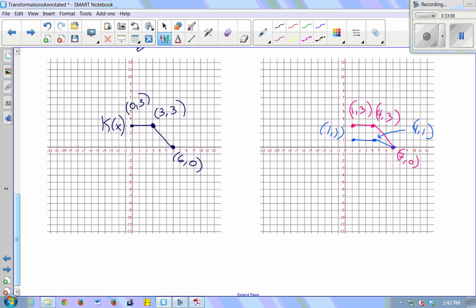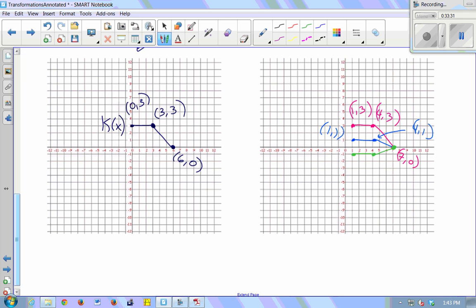Instead of (1, 1), I'm going to have (1, -1). Taking my y coordinates and making them all opposite what they are. So instead of (4, 1), I get (4, -1). And (7, 0) stays (7, 0), because the opposite of 0 is still 0. So here's my reflection over the x-axis.